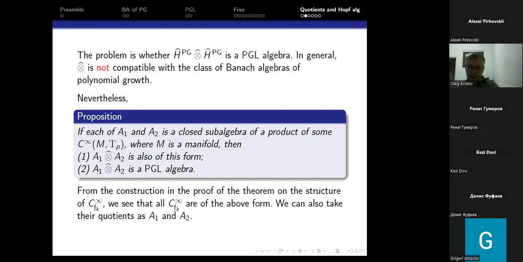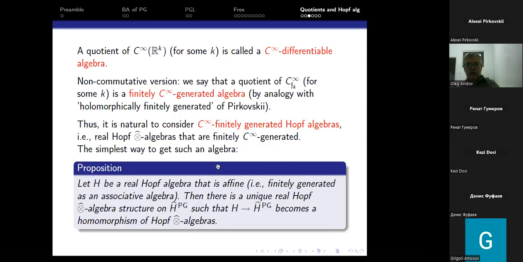It also needs some arguments, but nevertheless. I recall that a quotient of C infinity of Ak, a quotient of this commutative algebra, is called a C infinity differentiable algebra.